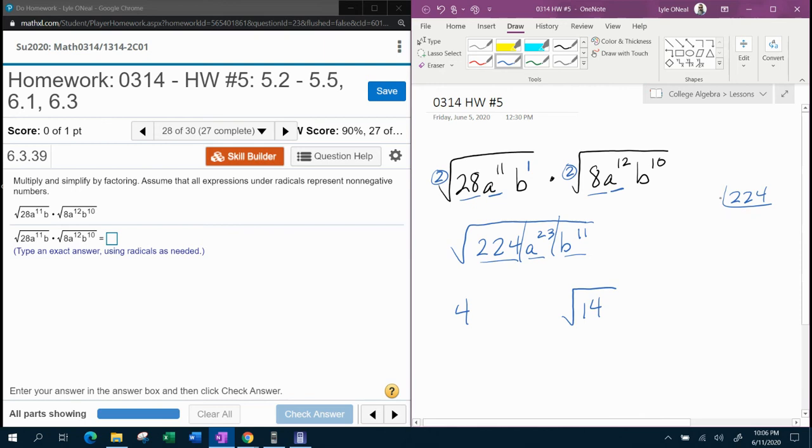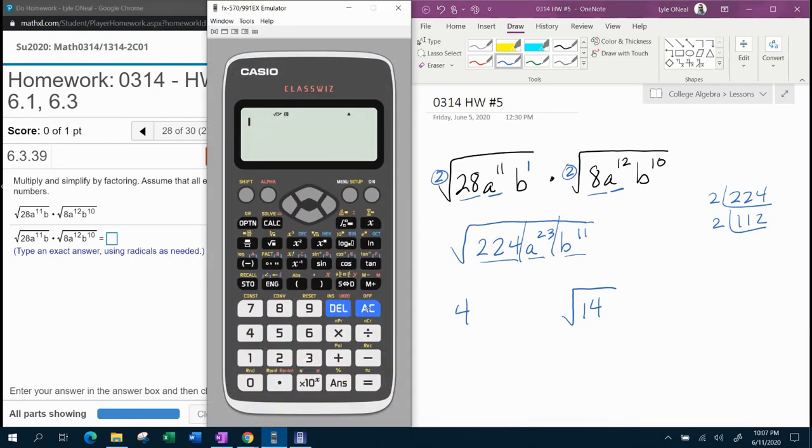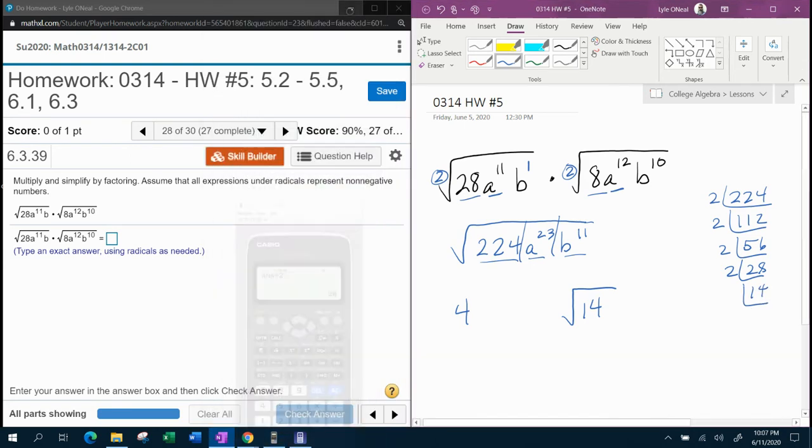If I were to do that real quick, starting with the lowest prime number, which is 2, 2 goes into 224, 112 times, and then 2 goes into 112, 56 times, and then 2 goes into 56, 28 times, and 2 works again. 2 goes into 28, 14 times, and 2 goes into 14, 7 times.